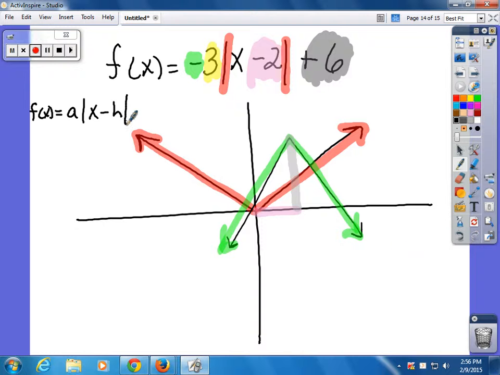In this case, it's absolute value plus k. Now, if we want a negative h right here, all we got to do is plug in what? Well, negative 2. If you plug in a negative 2 right here for h, what do you get? The positive 2. So all the negatives turn into what? Positive. All the positives turn into negative.